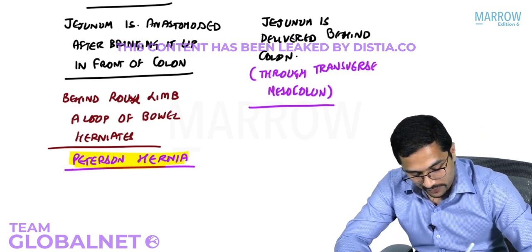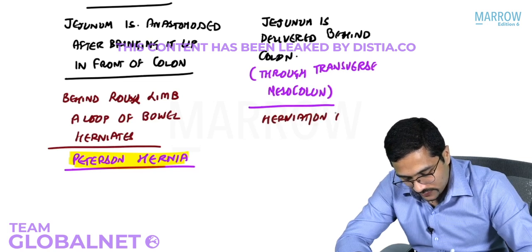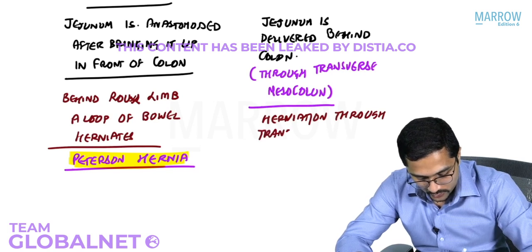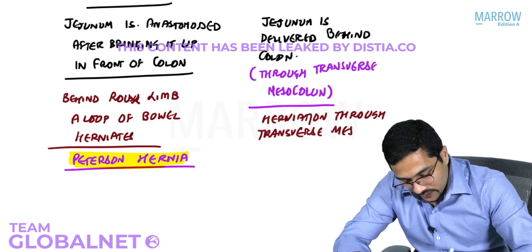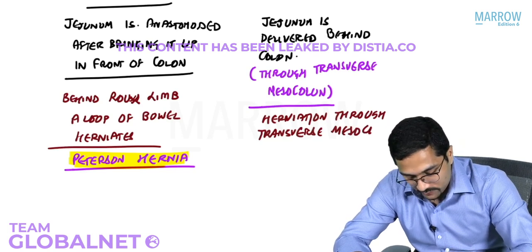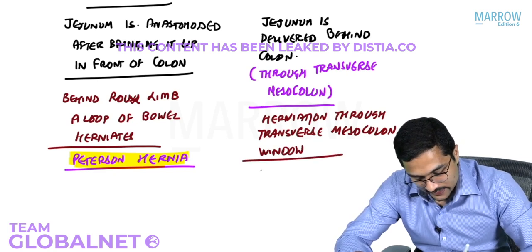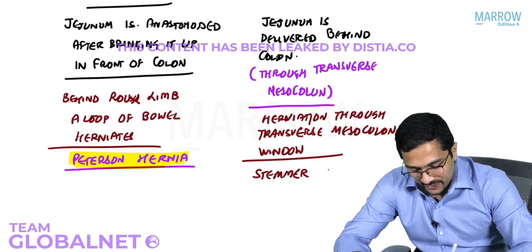Whereas if there is a herniation through the transverse mesocolon window, through the window which I had created in the transverse mesocolon, then this hernia is known as Stemmer's hernia. This has been asked more frequently than Peterson's hernia.